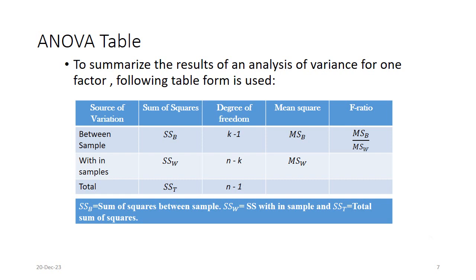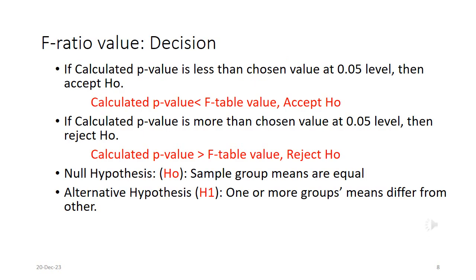That F ratio will be compared to the standard values of F from the table. Based on the F ratio value, we have to make the decision about the hypothesis. Therefore, if the calculated p value is less than the chosen 0.05 level, then reject H naught.